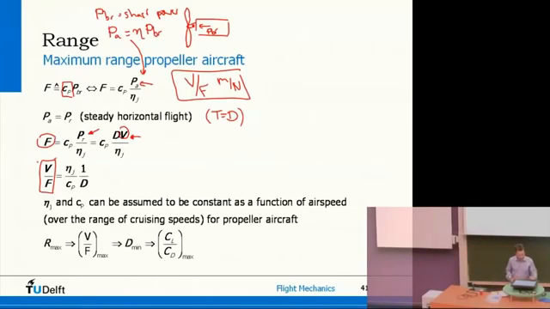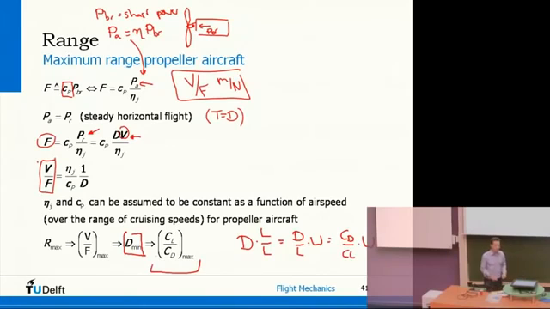So we want minimal aerodynamic drag, and that seems reasonable, because you can imagine you're flying quite efficiently if the drag of the aircraft is really low. Now, drag was also drag times lift divided by lift, which is drag over lift times weight, which is CD over CL times weight. So saying minimum drag is the same as saying, okay, I want to have maximum lift over drag coefficient.